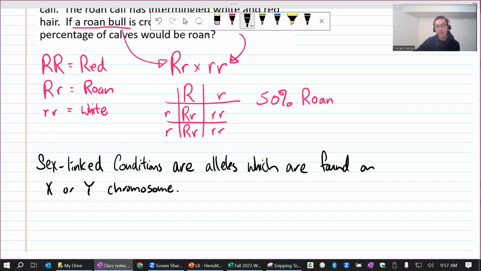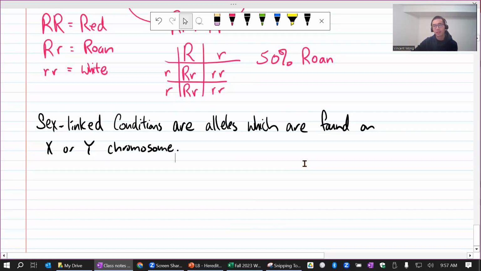If it's carried on the X chromosome, then it's X-linked. If it's carried on the Y chromosome, then it's Y-linked. Okay. If it's Y-linked, only males can have the condition, right? Like baldness.